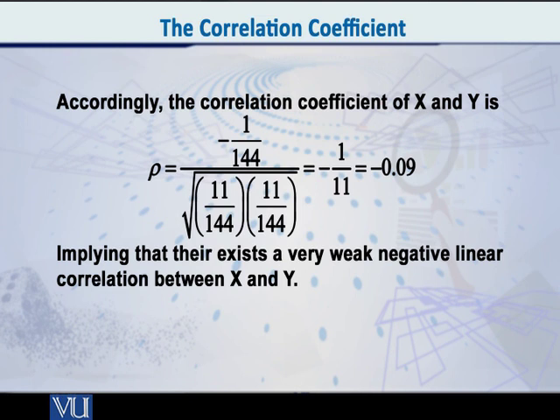And this indicates that for this particular bivariate density function, f of xy is equal to x plus y, where both x and y are going from 0 to 1, there exists a very weak negative linear correlation between x and y. ये मैंने क्या कहा?